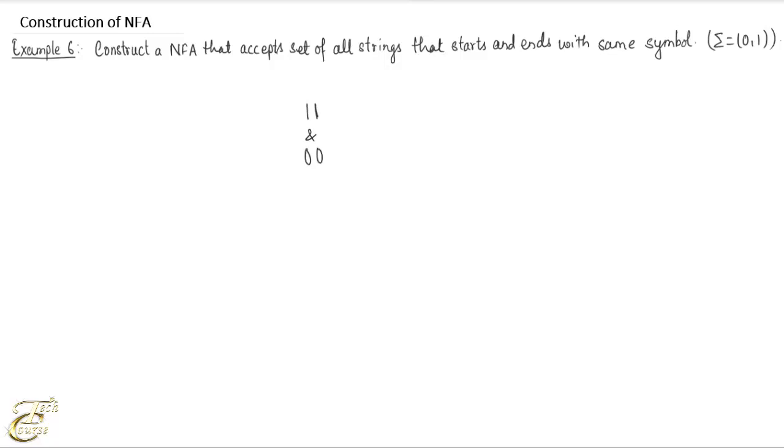Since these are the two strings that start and end with the same symbol, and none of the strings having length less than these strings belongs to this language. Now we will represent these two strings by using a state diagram.